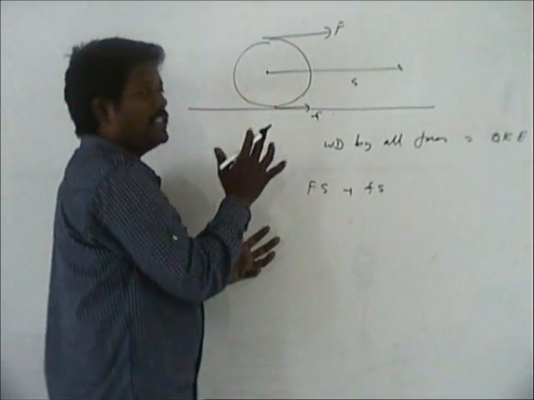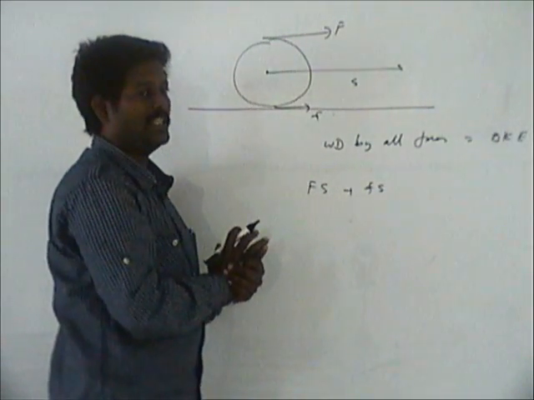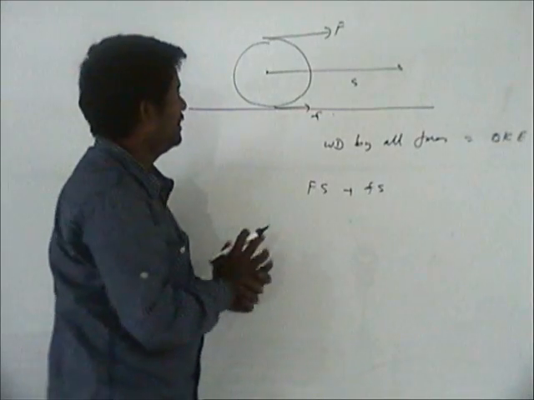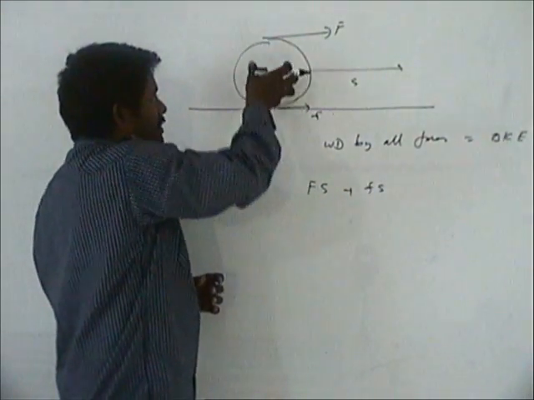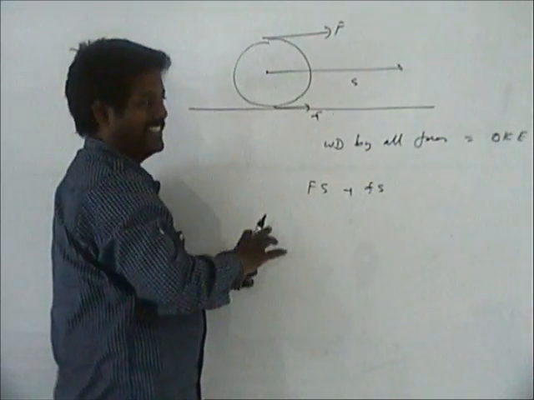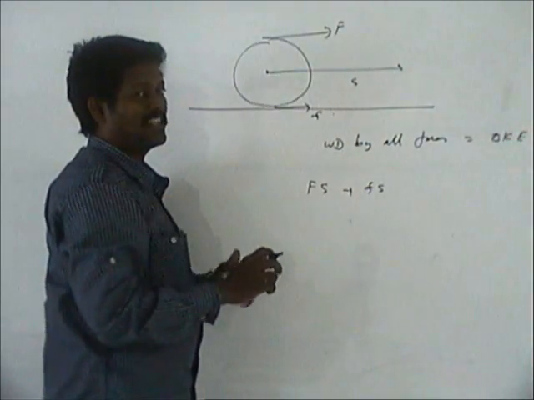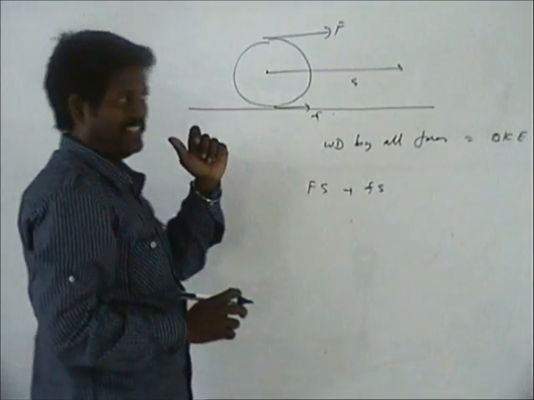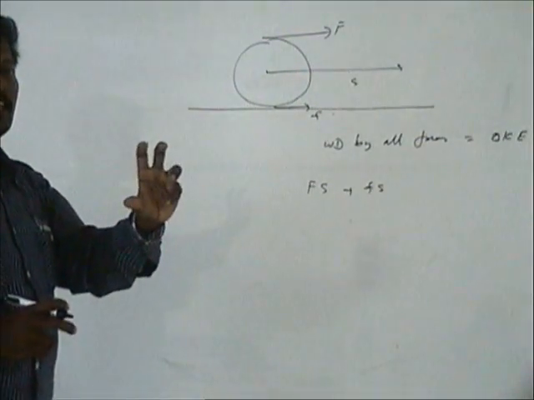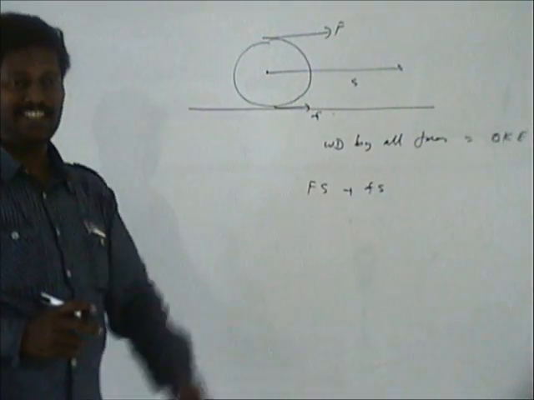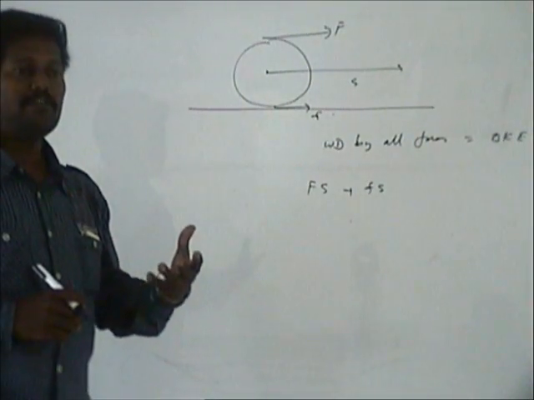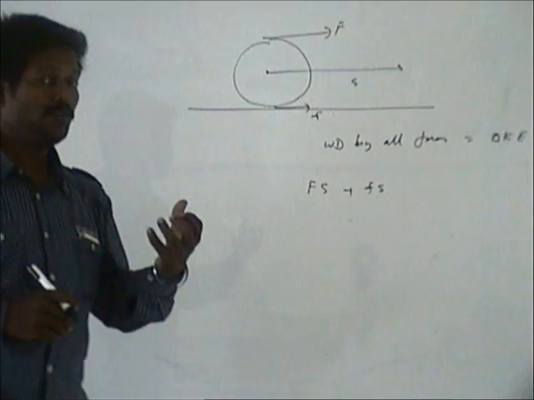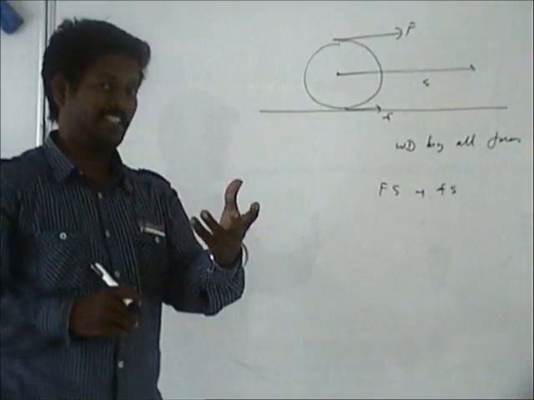Next, one important point: there is rotational work done also which has to be considered, very important. The frictional force tries to reduce the angular velocity. The applied force tries to increase the angular velocity. The force which tries to increase the angular velocity does positive work, tau theta. Just like F S cos theta, here tau theta into cos theta.